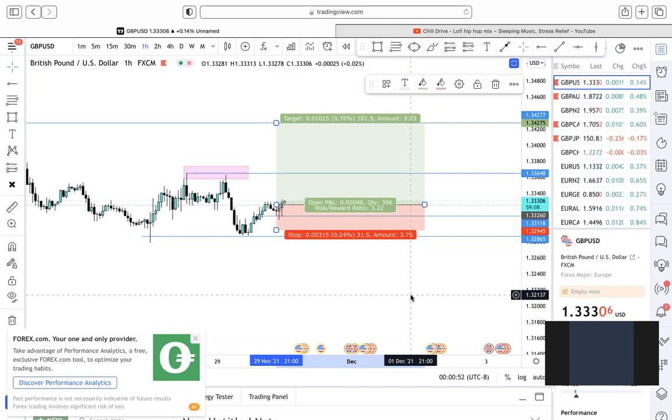Did everybody get it? Let me just go ahead and get it on this trade as well. All right, so just put my stop losses on this and I'll go ahead and get started for this session.